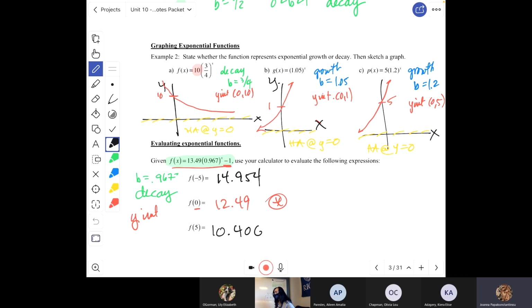Did we get those? Does anybody have trouble getting those values? Olivia, what is it? Where do you want to center those? Well, I would go to y equals and I would enter in the equation. So I can show that to you.